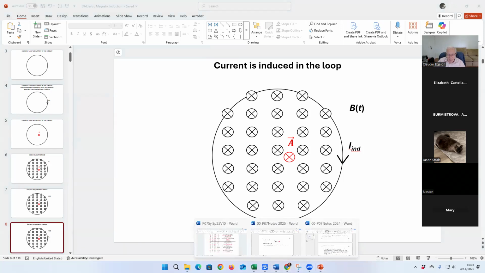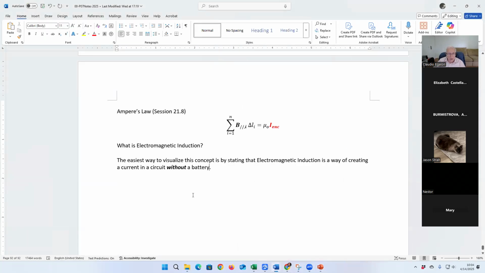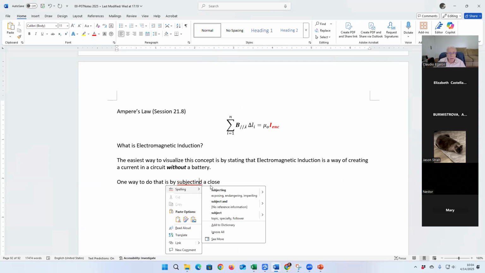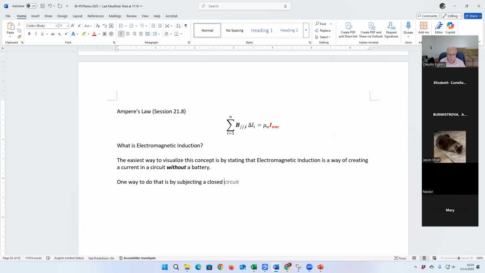Okay, so let's write it down. One way, without the battery, is by subjecting a closed circuit to a magnetic field, the field that changes in time, B as a function of t.